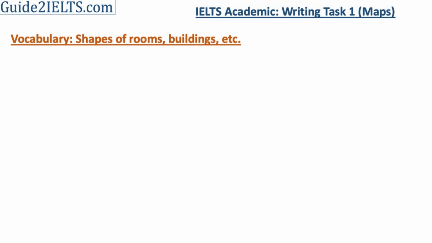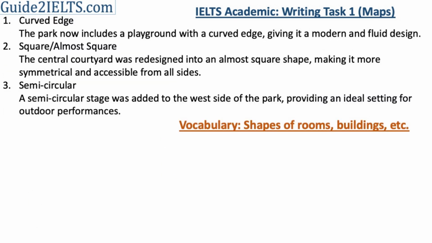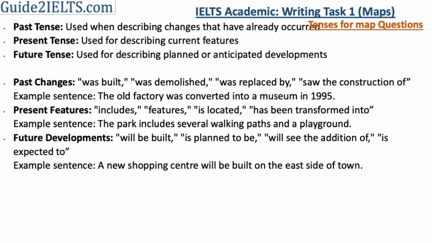For example, the renovated University Sports Center will be rectangular, providing a large spacious area for different sports activities. Similarly, we can use words like square, circular, semicircular, and even mention that something has a curved edge.